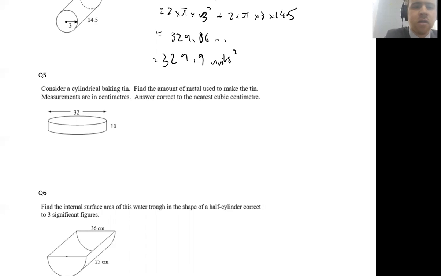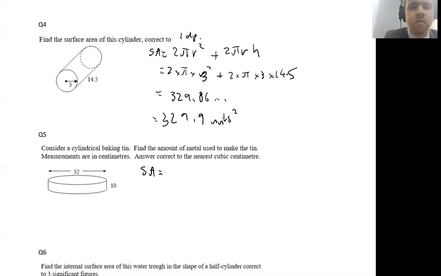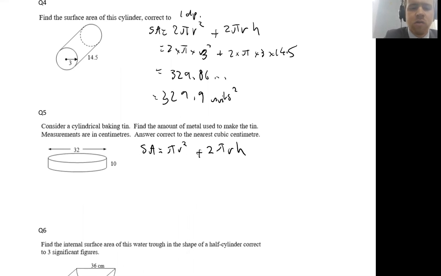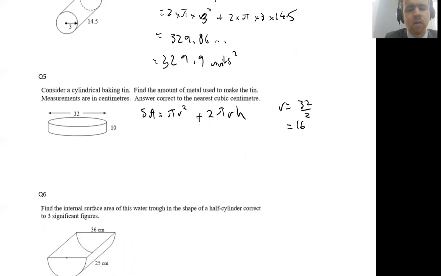So the surface area, instead of being 2 pi r squared, because there are two circles, it's just going to be pi r squared, okay? And then plus the rounded bit, which is going to be 2 pi r h. So then we would fill in our values here, but we just need to make sure that we find the radius, which is going to be half of the diameter. So the radius is going to be 16. And then we're going to use that value for our formula.